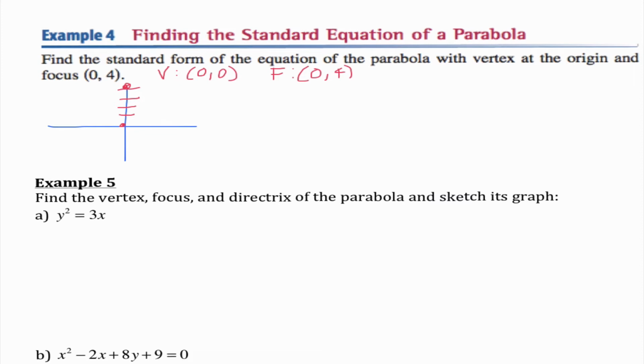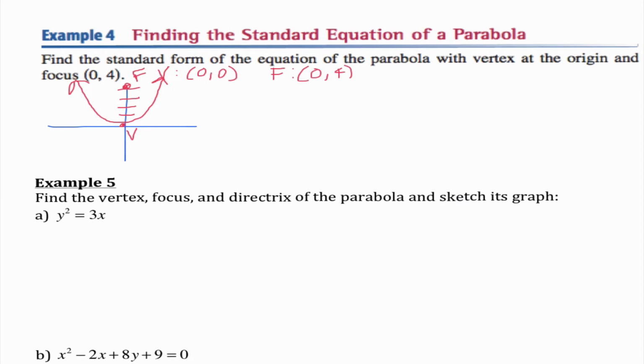We said earlier that the focus, and let me just write V and F here, the focus is always inside the parabola. So what that means is that my parabola has to be going up. Okay, if I graphed it any other way, it would not be inside our parabola. So up is the only thing we could do.